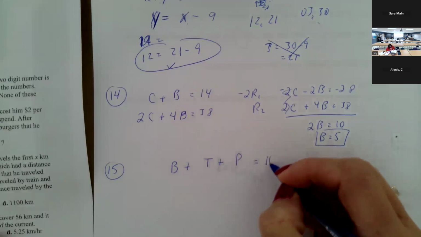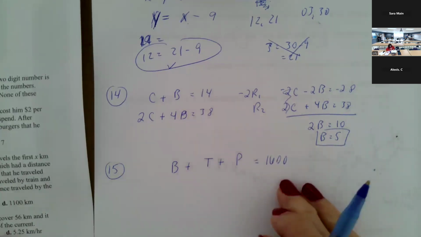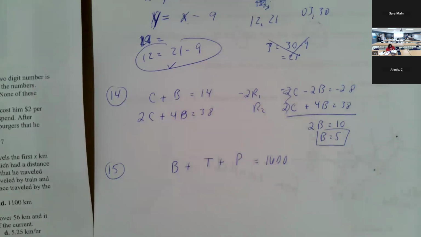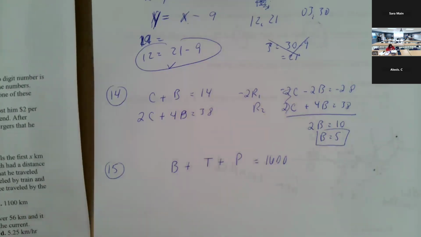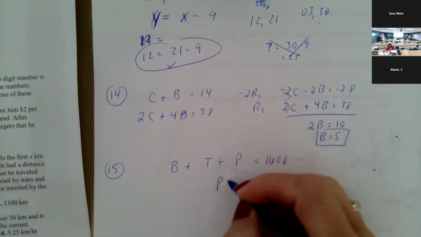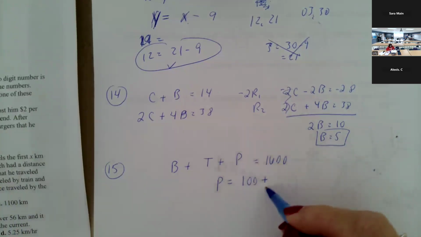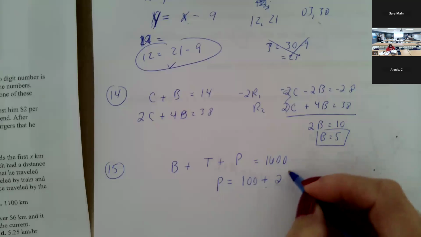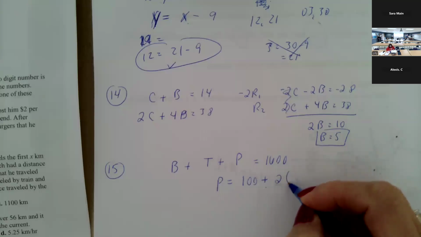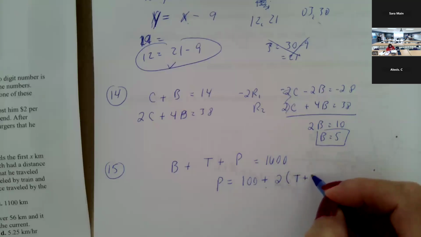And we know that it's 1,600 kilometers total. And then it says the distance that he traveled by plane was 100 kilometers more, so I'm going to add, than twice the sum of the train and the bus.